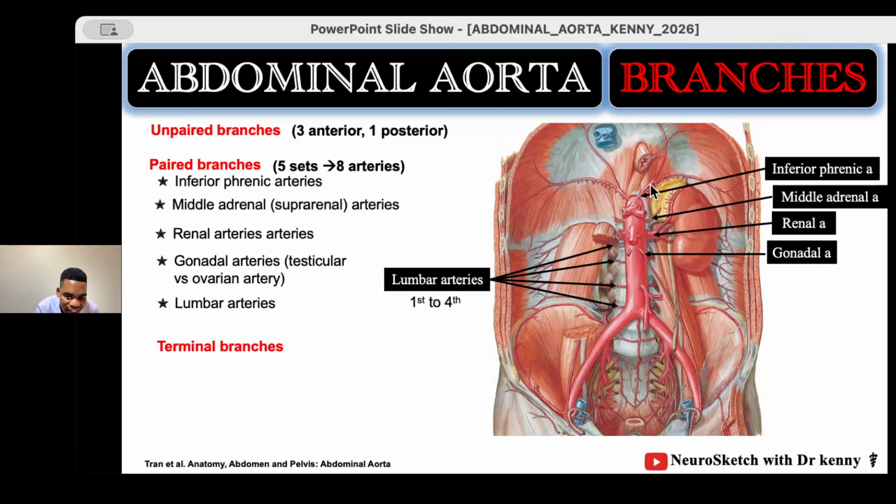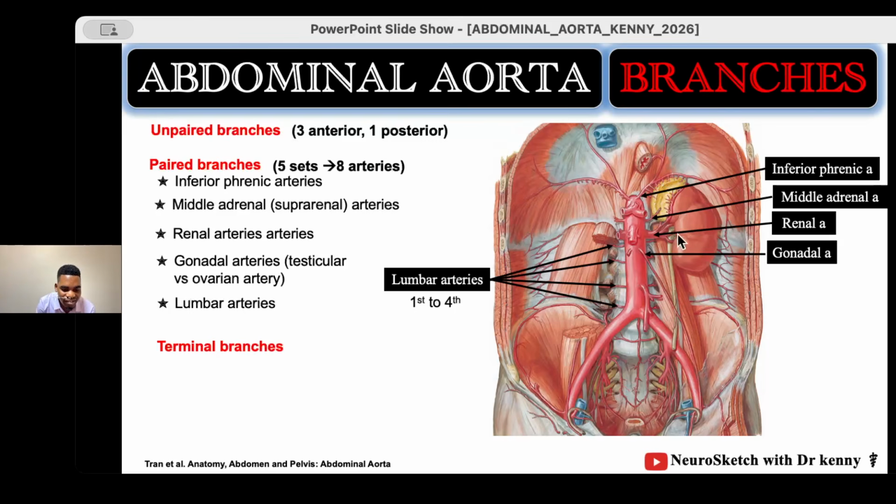You see, it gives branches that go to supply the superior part of this adrenal gland. And then the inferior suprarenal arteries are branching from the renal artery. And so only the middle suprarenal arteries, or the middle adrenal arteries, are coming from the abdominal aorta. The rest are coming from branches of the abdominal aorta.